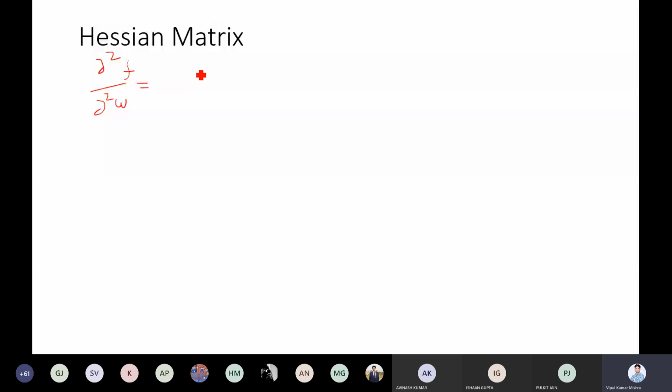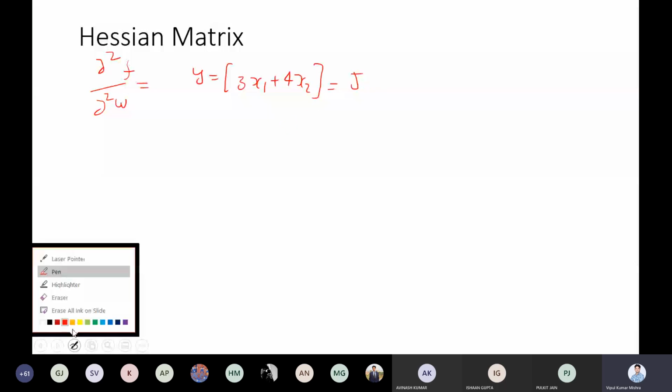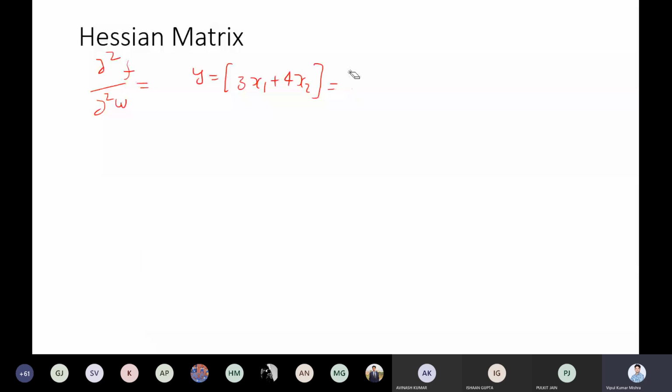Let me take the previous function, which is y equal to 3x1 plus 4x2. Now I want to find the Jacobian of this. I should not represent it with J, otherwise it's a confusion, because we are representing J for the loss function. So let me simply take the derivative of y with respect to x1 and x2 together.